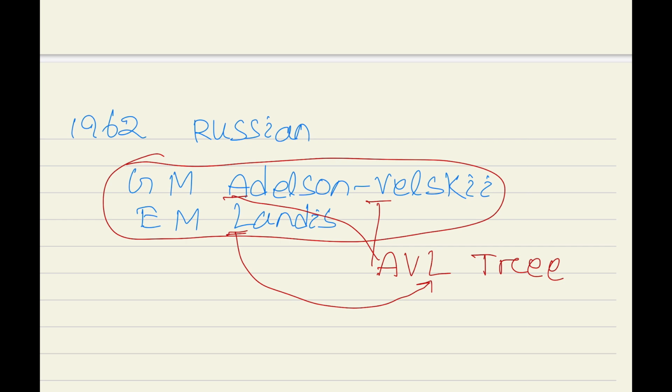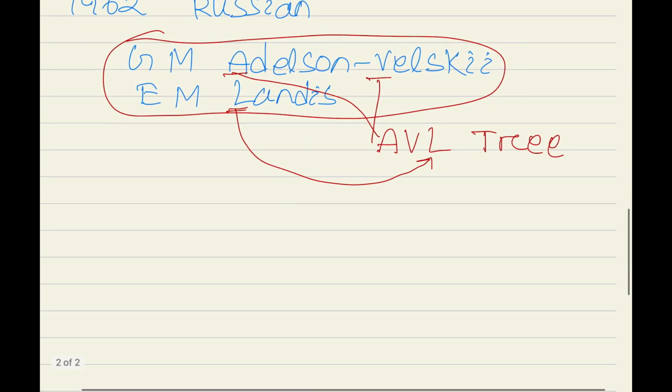So, we can say an AVL tree is a binary search tree in which the heights of the subtrees differ by no more than 1. So, in AVL tree, the difference between the height of left subtree and right subtree is not more than 1.